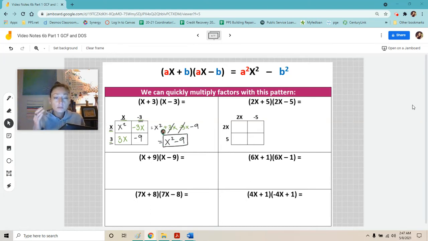Now we can also use the pattern that shows up above. We have nothing in front of the x here, so we'll just use that as our a. x times x makes x squared, so we start with x squared.